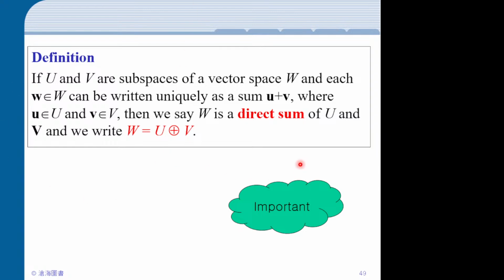The definition written here is a bit funny, but anyway, we are saying that we have two subspaces of W, and if they have this nice property that everything in W can be written uniquely, so we have U and V.